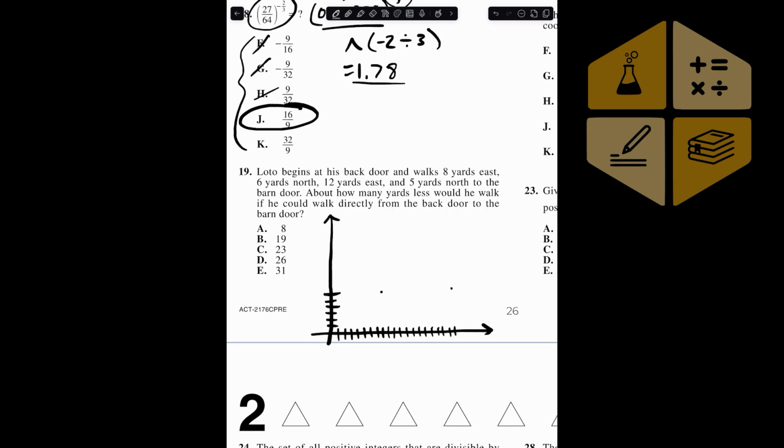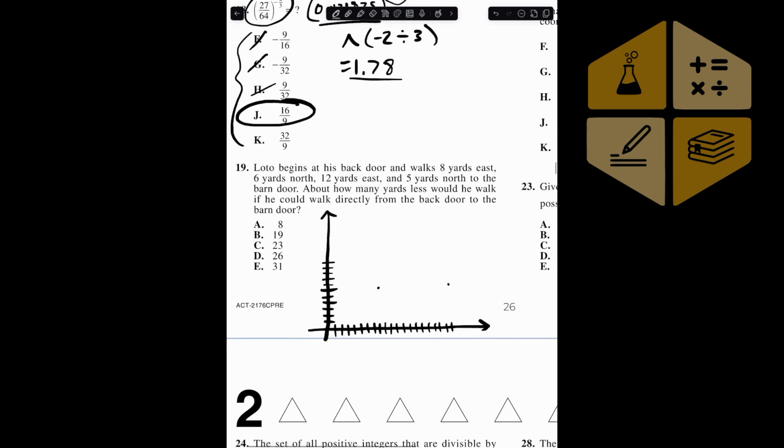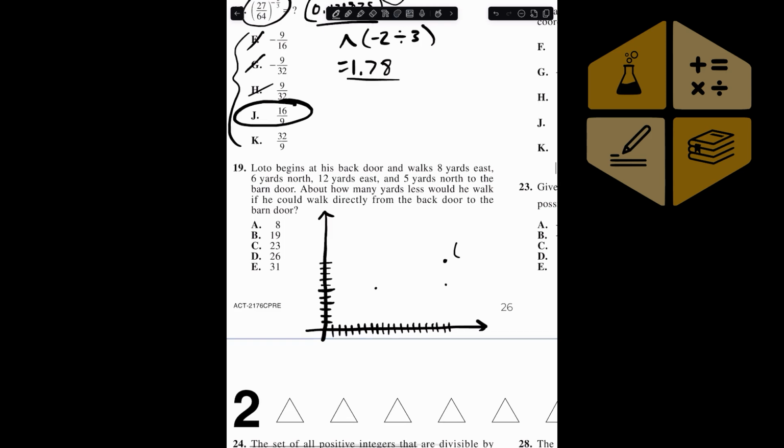Now he's way over here at x equals 20. And then he goes 5 yards north. 1, 2, 3, 4, 5. So now he's way up there. So his final destination is point 20 on the x-axis and 5 plus 6, or 11, on the y-axis. That's where he ends up.